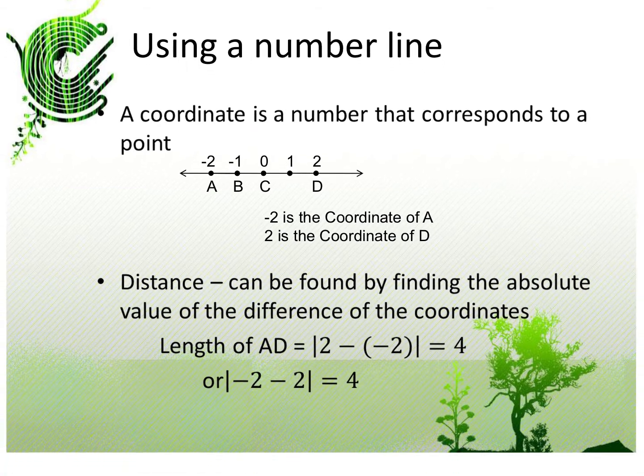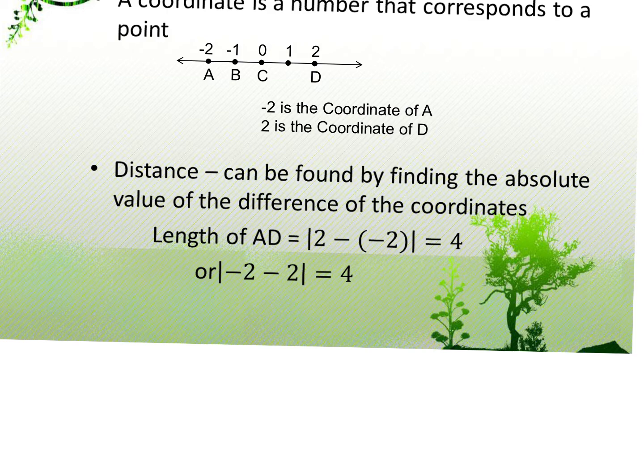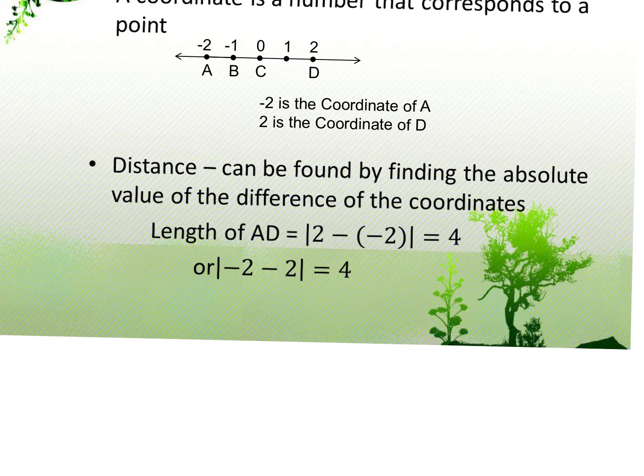So for example, if they ask me to find the distance or the length of segment AD, I could either choose to do A to D or D to A. So if I do the first one, A to D, I'm doing the small coordinate minus the larger.